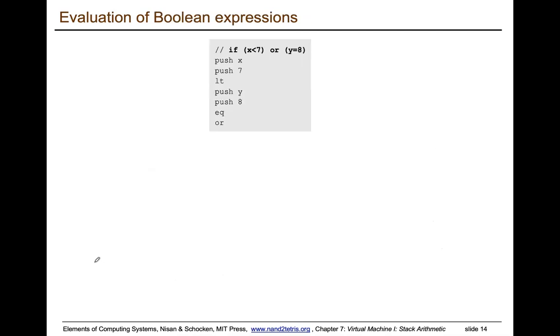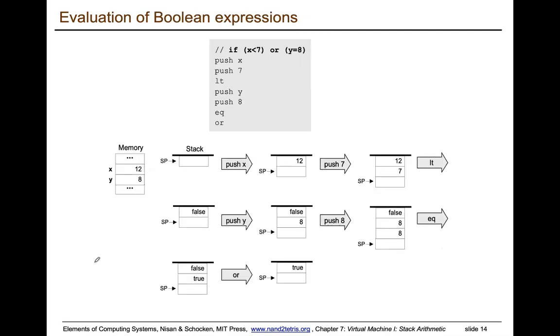And you can do the same thing for the Boolean expression: evaluate the Boolean expression and get a true or false. Of course, in our hack machine implementation, we don't have true or false. Actually, we will generate the value 0 or -1.